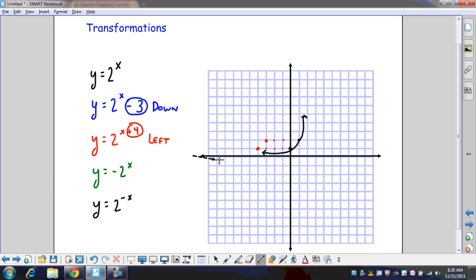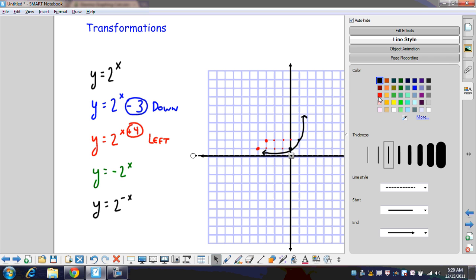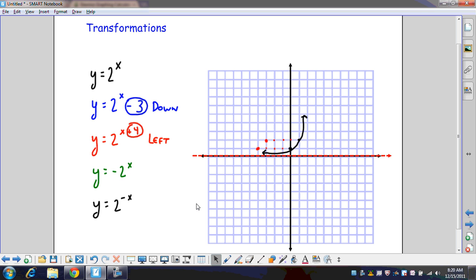So I'm going to take my 2 key points, and I'm going to move them to the left 4. So 1, 2, 3, 4. And 1, 2, 3, 4. Now keep in mind that since I'm simply shifting to the left, my asymptote has not moved.